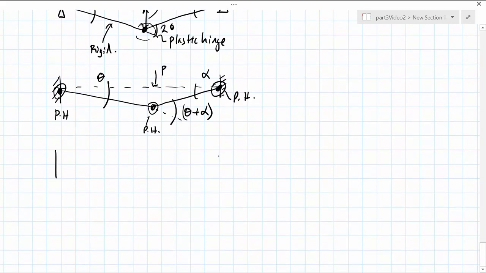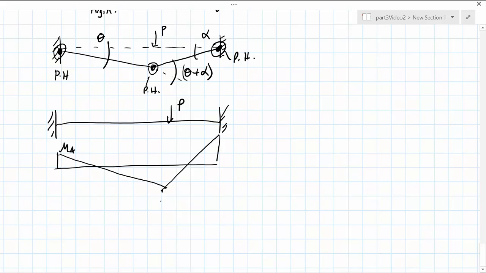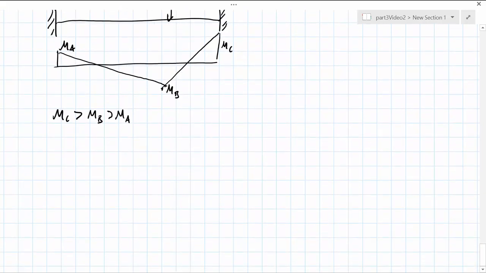So, for the example above, if we first consider the elastic bending moment distribution, with MA, MB, and MC, and let's just assume that MC is bigger than MB, which is bigger than MA, then the plastic hinges will form in the following sequence.